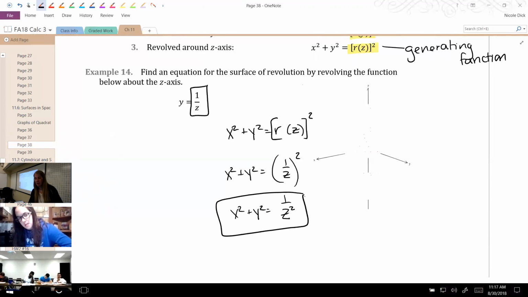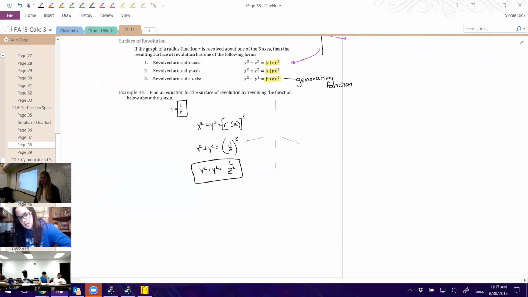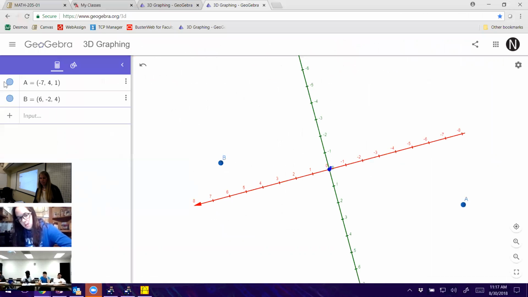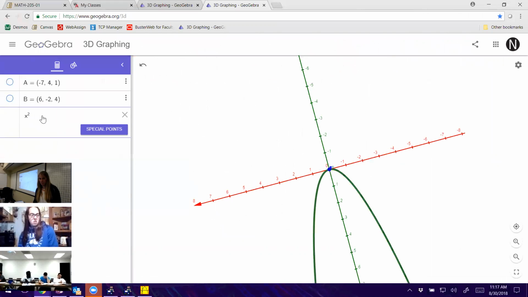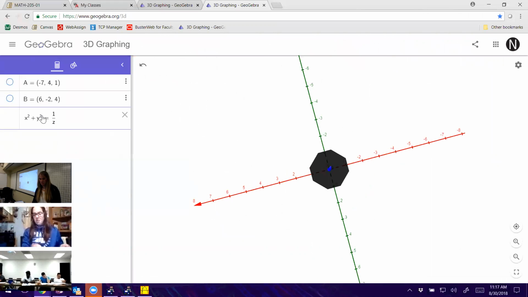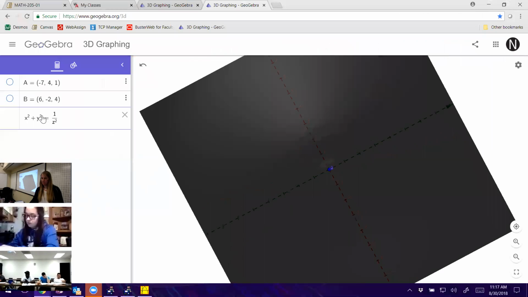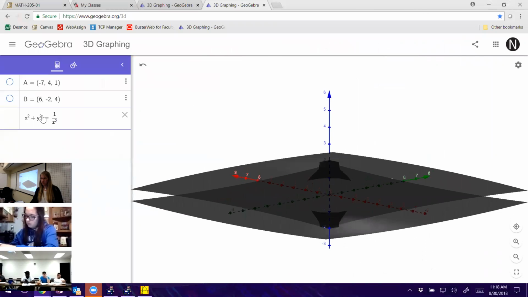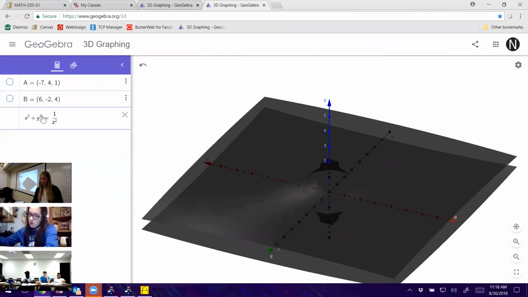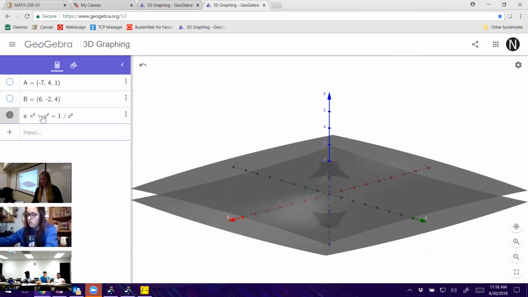So let me go ahead and graph that so you can see what the surface looks like, and then I'll backtrack just a tad. All right, there's a lot going on here.